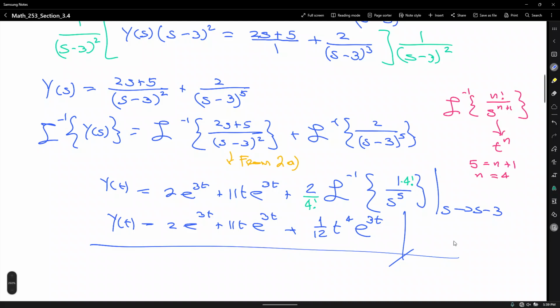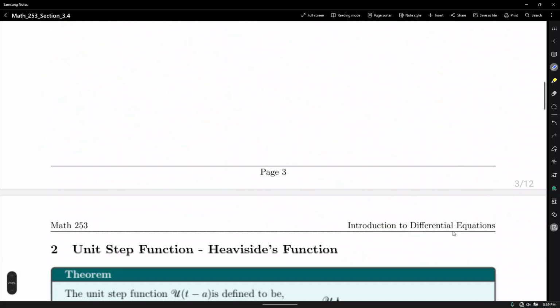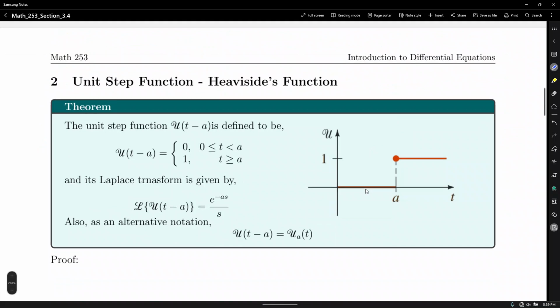Okay. So let's move on to the next topic, which is preliminary to get to the second translation theorem. Let's talk about the unit step function, also known as a Heaviside function.